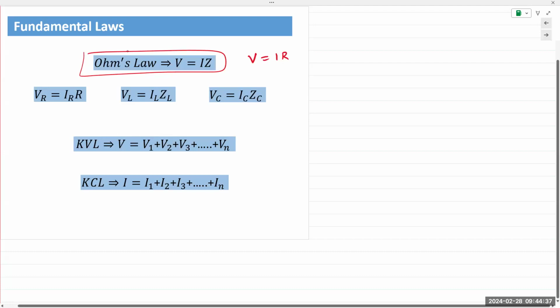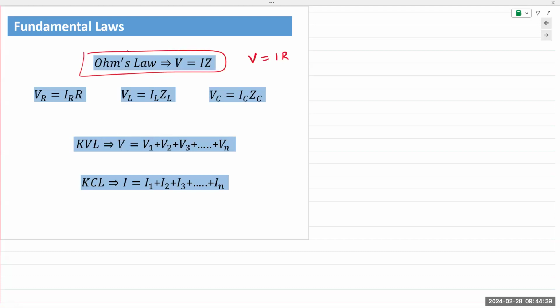is still valid. It now becomes V equals IZ, right? V equals IZ, total impedance of the circuit. If you're working simply with the average values, you would take IX, so it would be V equals I times X, if you're using RMS values or average values.